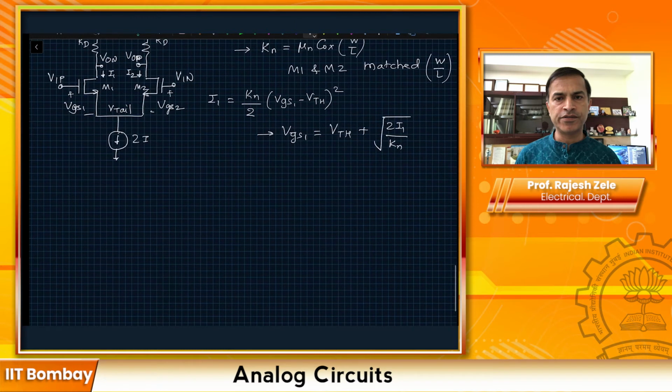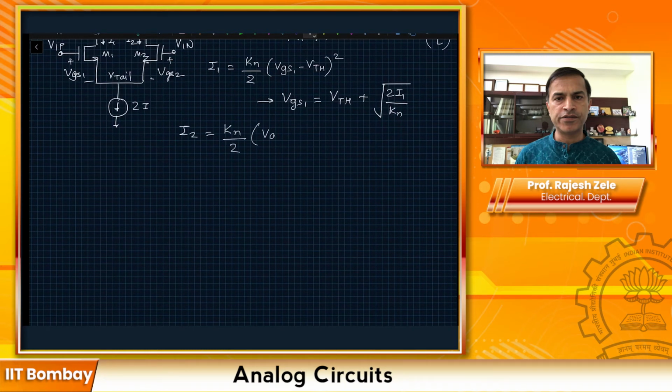Let's move on to the next one. I2 is Kn over 2 times VGS2 minus VTH squared, which gives VGS2 equal to VTH plus square root of 2I2 divided by Kn.